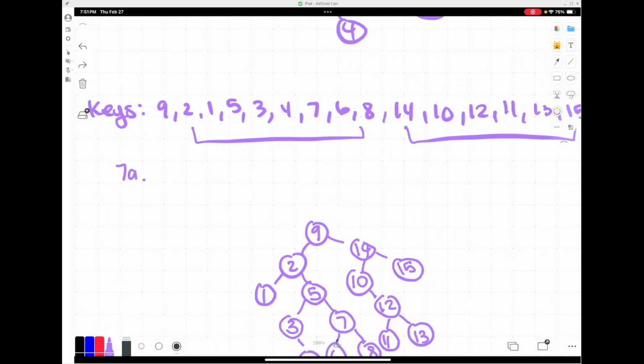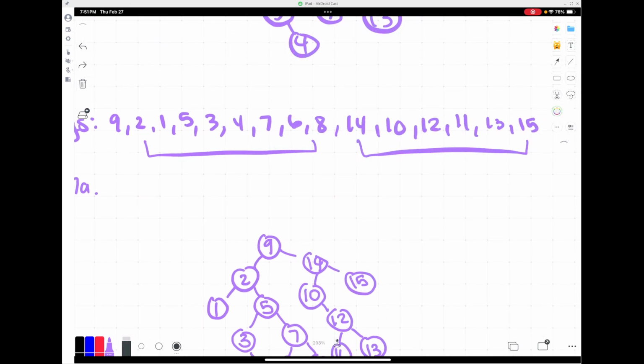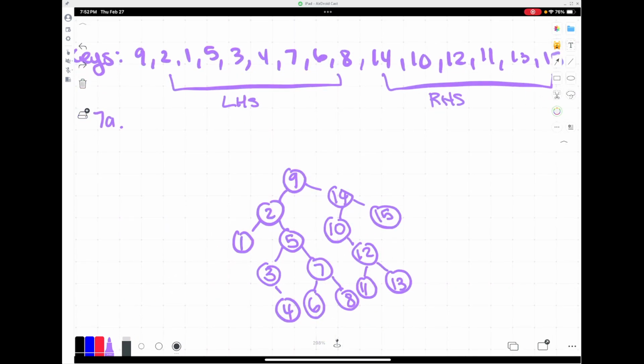Left-hand side is just all the numbers that are less than 9. Right-hand side is all the numbers that are greater than 9. And so we go with 2 because it's first. And we make that the parent. And then we'll look at 1. And 1 is less than 2.